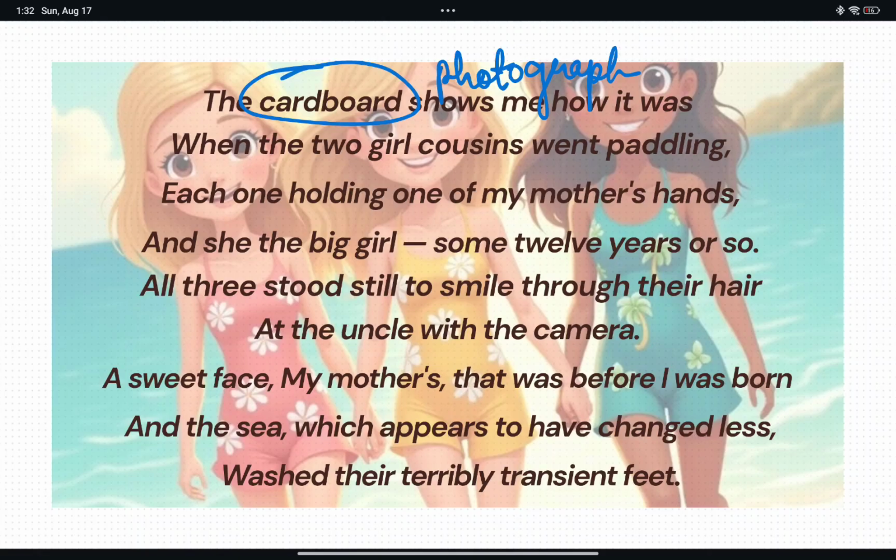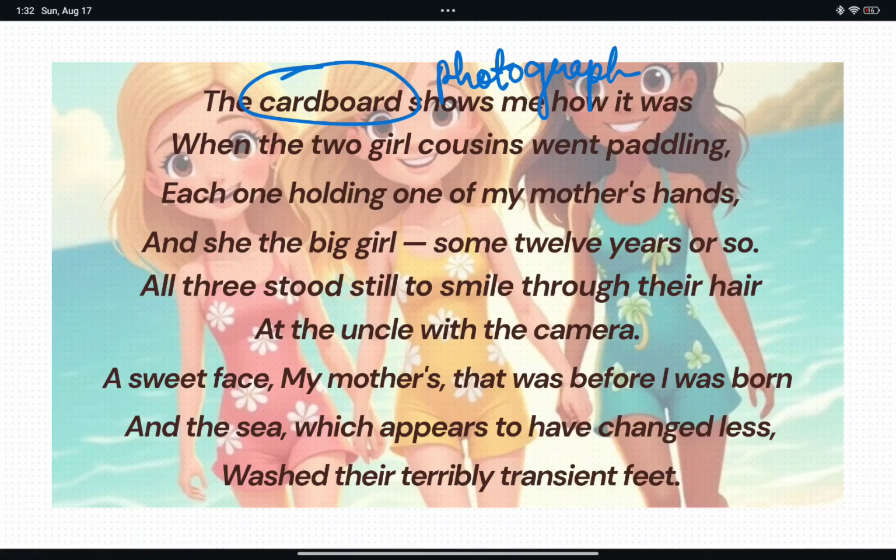So the photograph which the poet has in her house, she says the cardboard shows, that means that photograph shows me how it was when the two girl cousins went paddling, each one holding one of my mother's hands, and she, the big girl, some 12 years or so.